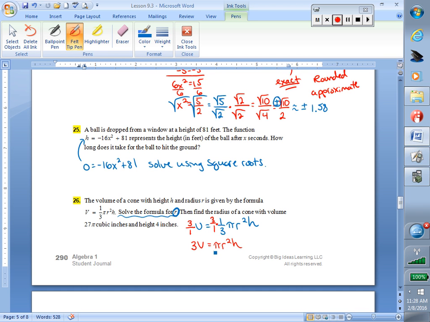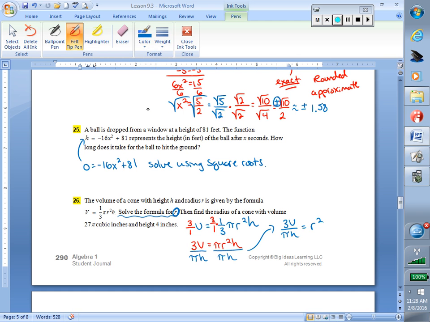To undo multiplying, we can divide. And we can divide by the pi and the h at the same time. I know solving for a variable is something you did a bunch last year. If you're taking geometry, you might also be doing it in there. I'm not sure where you guys are at with that. But you can divide by both of those at the same time. So 3 times capital V divided by pi h equals r squared.